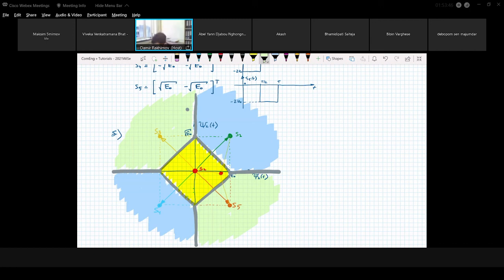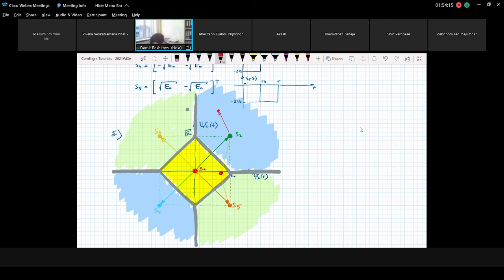So if we receive something in a special region, we make a decision corresponding to the constellation point that belongs to this region. So if we have anything received in this region close to S1, then we say that this point corresponds to S1 plus noise that we have in addition to our point S1.